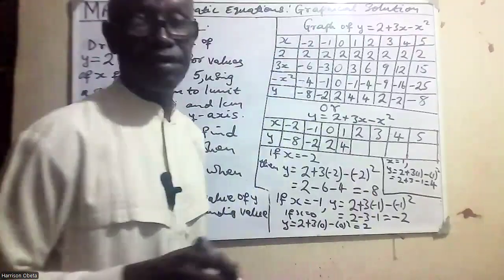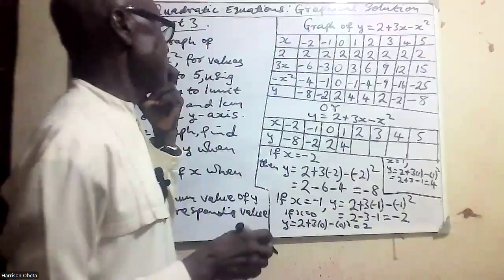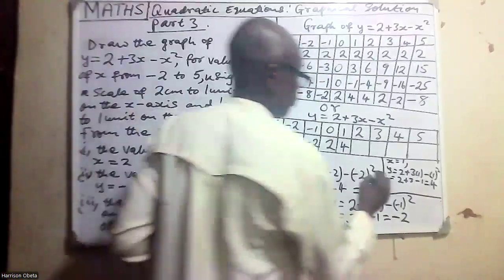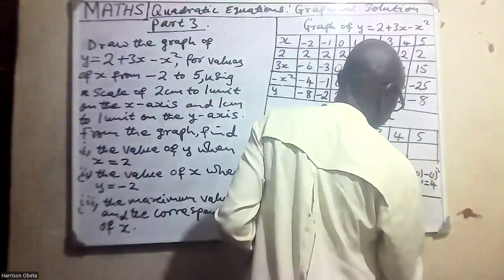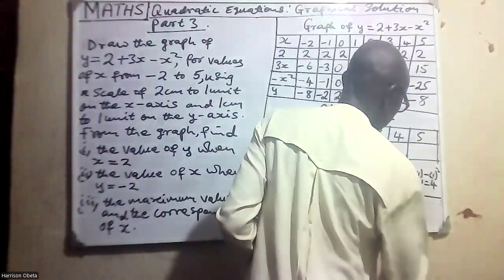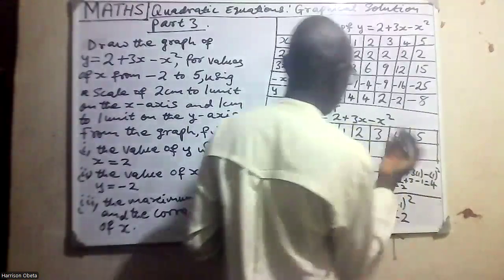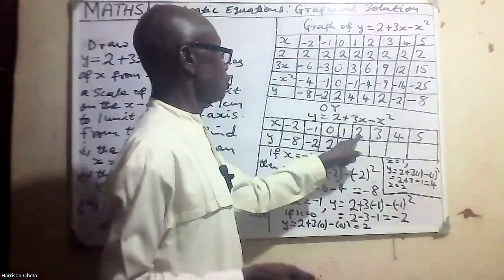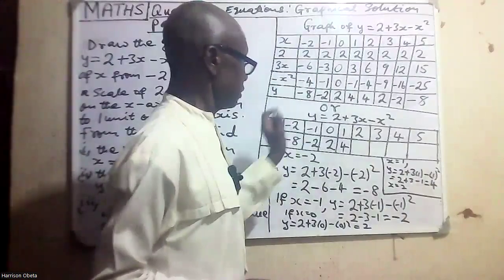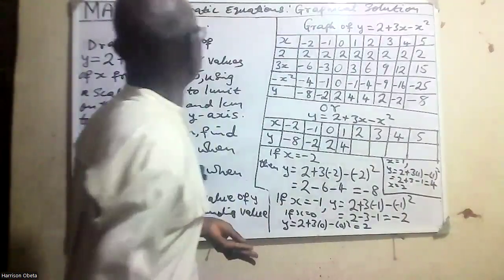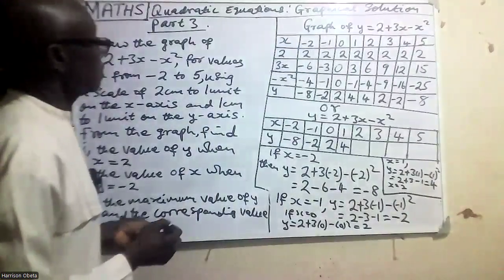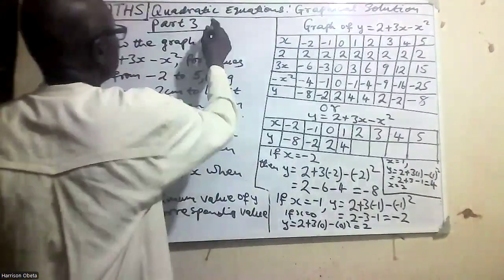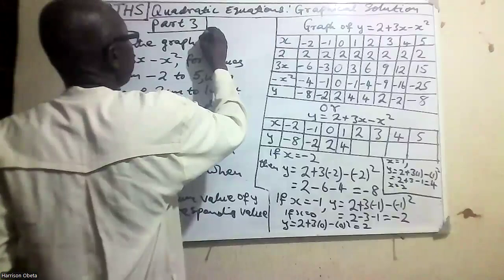Then what of when x is 2? When x is 2, x equal to 2, you substitute. Let me see whether there's any place I can fix it. Okay. Let me put it here.